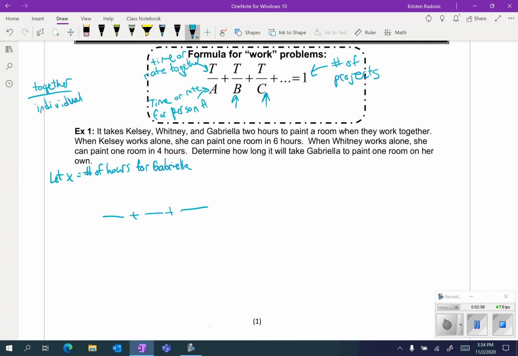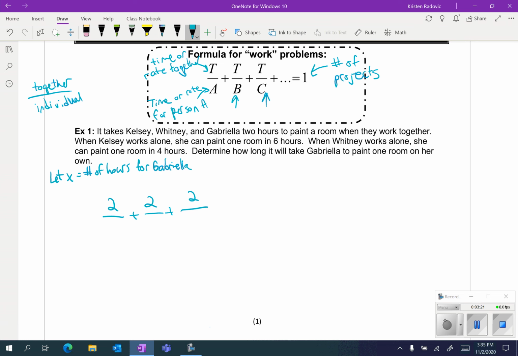And let's read through the problem again. It takes Kelsey, Whitney, and Gabriella 2 hours to paint one room when they work together. So because it's a time together, I'm going to put that in the numerator because we should have together over individual. So 2's go on top of all the fractions. Your numerator should always be the same.